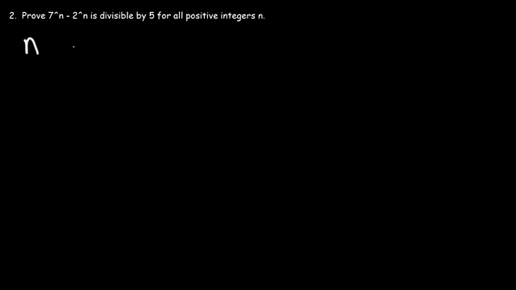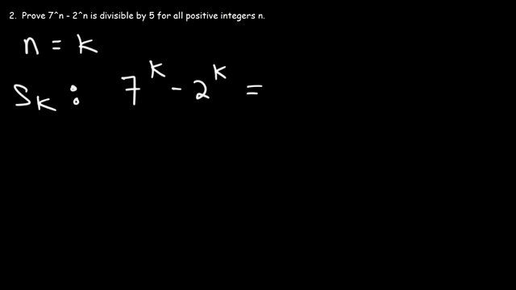Now let's assume that the statement is true when n is equal to k. Replacing n with k, we have 7 raised to the k minus 2 raised to the k, and we're going to set it equal to 5m, since we want to prove that it's divisible by 5.